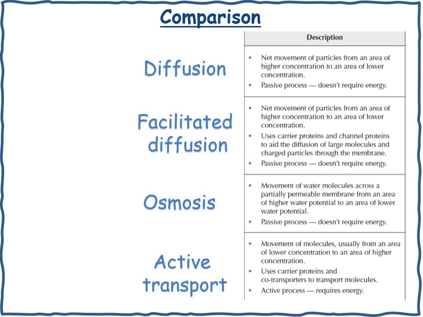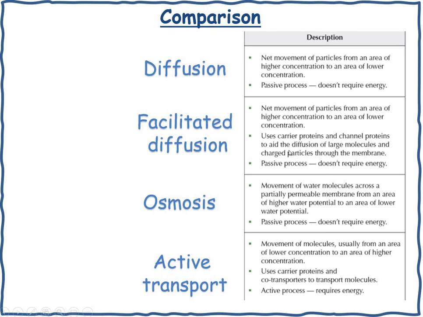So here's a look at the summary of the different processes in which you can transport molecules or ions across cell membranes. So you've got diffusion, which is the net movement of particles from an area of high concentration to an area of low concentration, and it's passive, so it doesn't require energy.